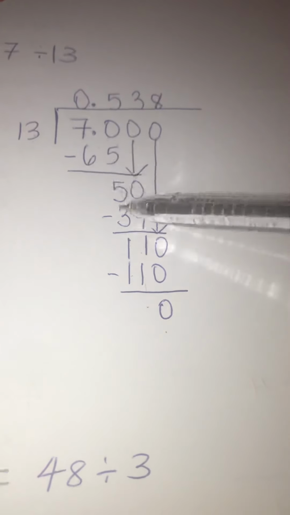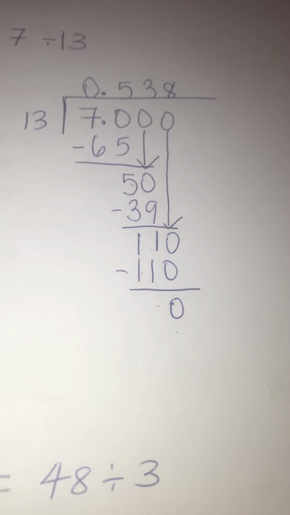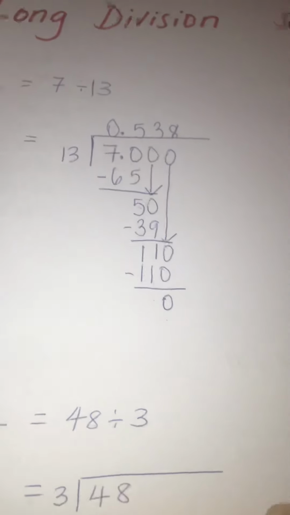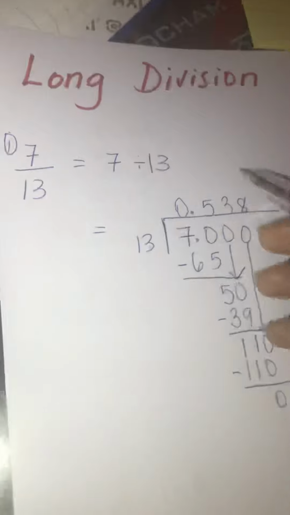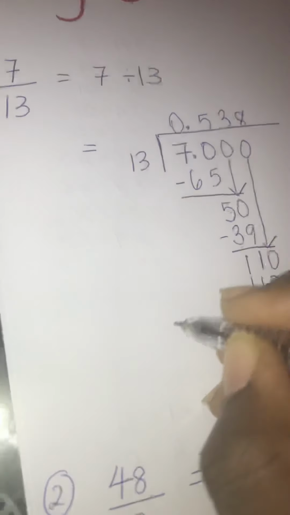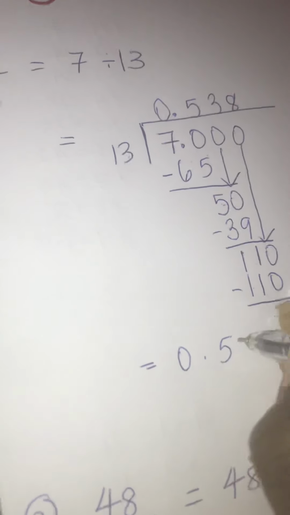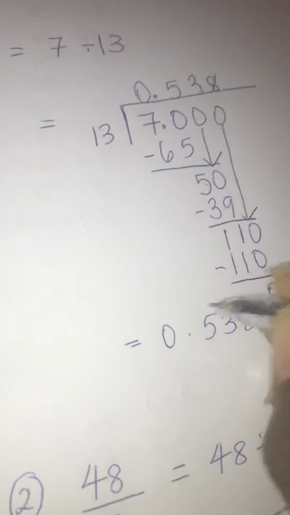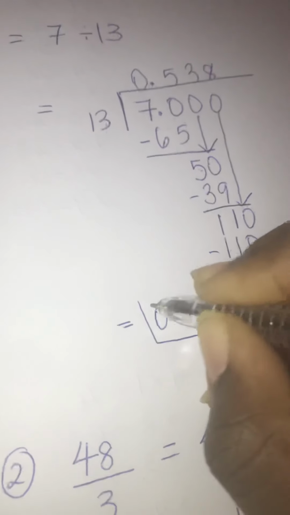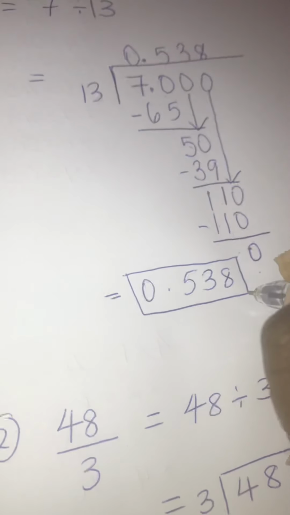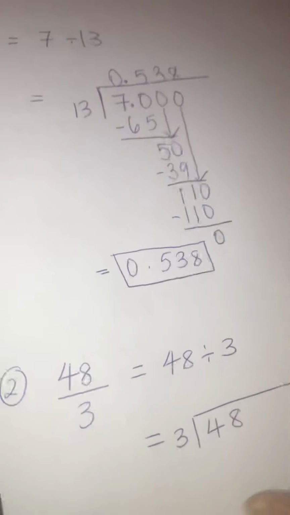So try and do this at least 5 times to confirm that you're not going to get a 0, okay? And there I have, this is my answer. So I write it over here. 538 thousandths. And I box it because it is my answer.